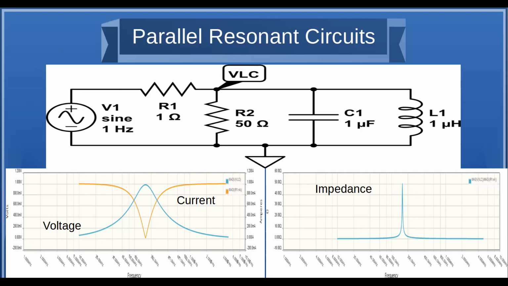Now, in the real world, it doesn't ever get to infinity or 0. But that's the important thing to remember about parallel and series resonant circuits. And I believe there are some test questions about whether it's low impedance or high impedance, depending on whether it's series or parallel.